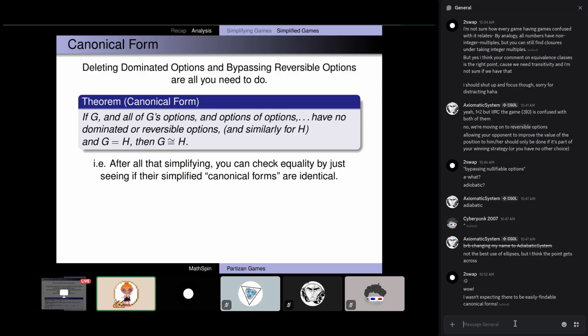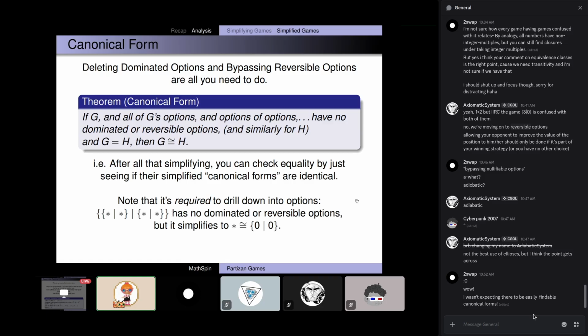Okay, so like we said, you can find the canonical forms of two games, or try to keep things in canonical form as much as possible all the time, and then check if those canonical forms are identical. And as I said, you have to drill down into the options and options and options. Here's an example.